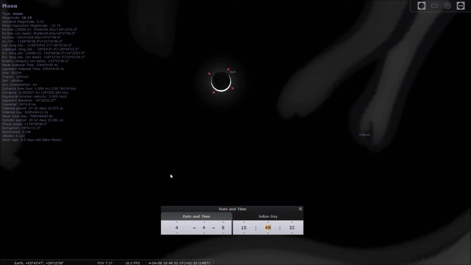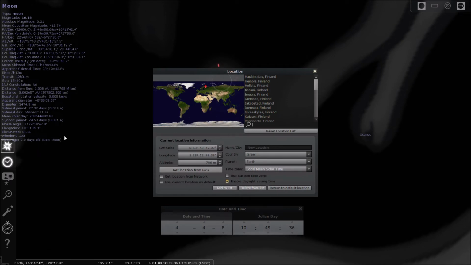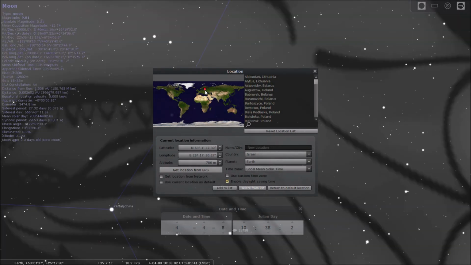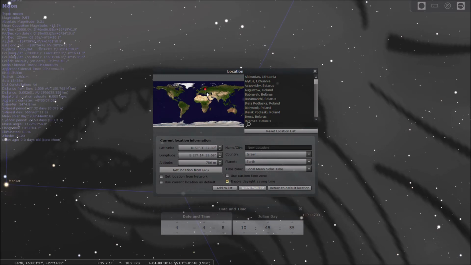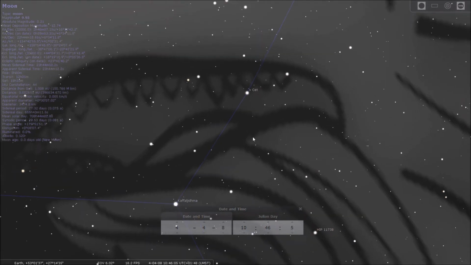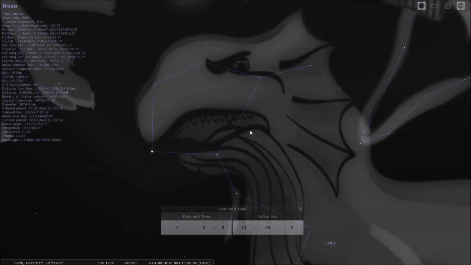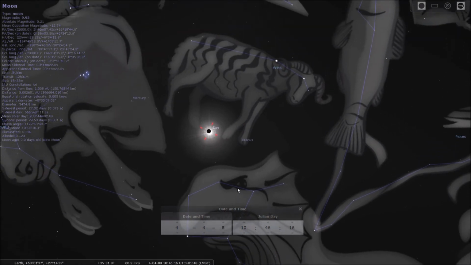So let's try that location. Doesn't really give us a place, but okay, and then we'll need to pull back. Yeah, we went a little too south.